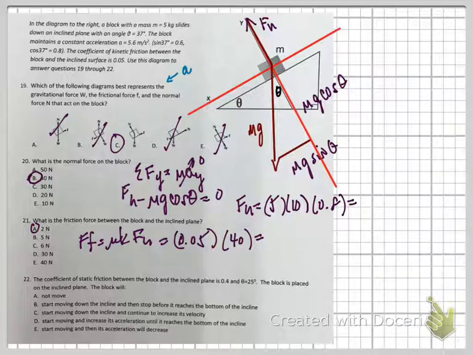Number 22, the coefficient of static friction between the block and the inclined plane is 0.4. Oh, and now we have 25 degrees. The block is placed on the inclined plane. What's the block going to do? So what we're attempting to figure out here is the force that's pulling it down the inclined plane.